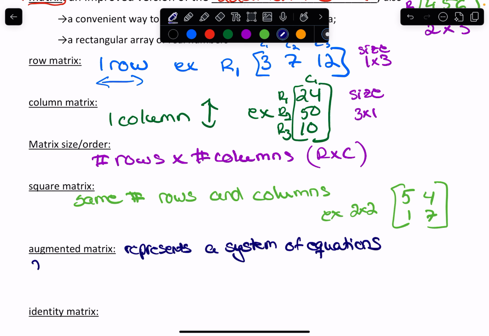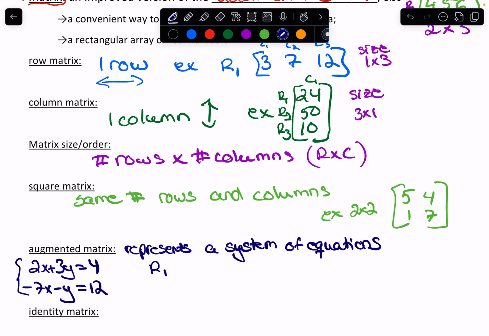For example, if we have 2x plus 3y equals 4 and negative 7x minus y equals 12. Notice that we've got two variables and two equations. So what we would do is take the coefficients. We've got row 1 and row 2. Our first equation goes in on row 1 and the second equation goes on row 2. And it's the coefficients that we're going to take.